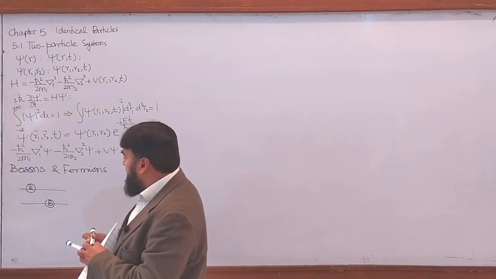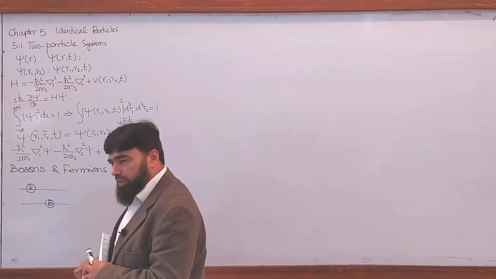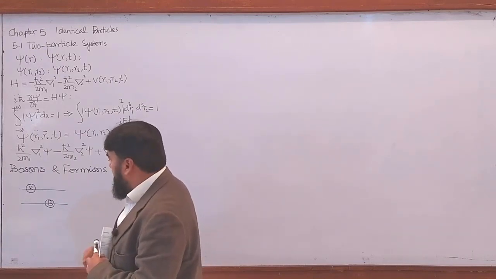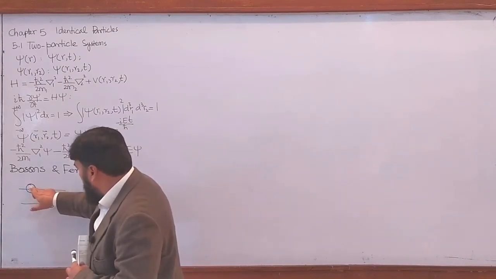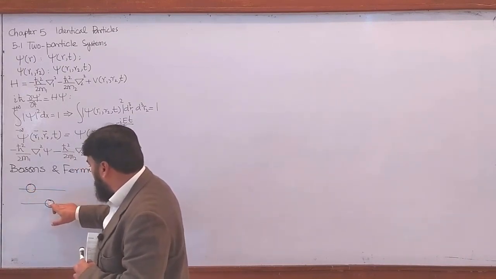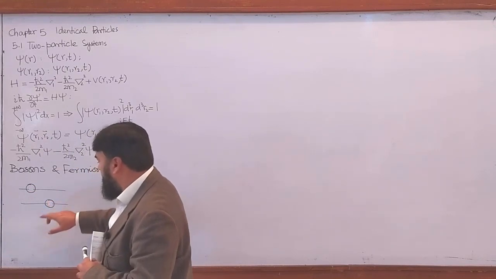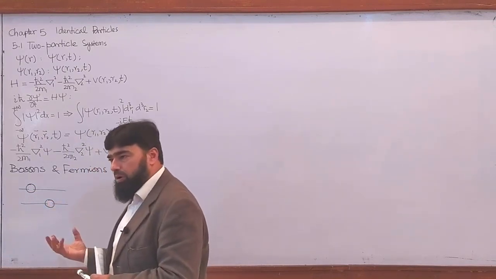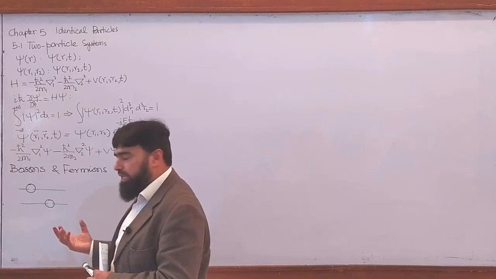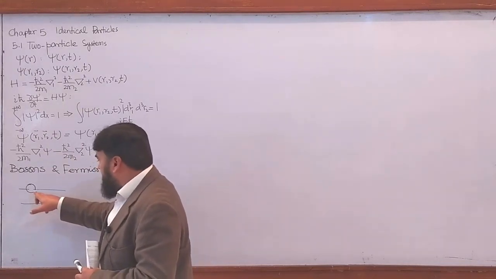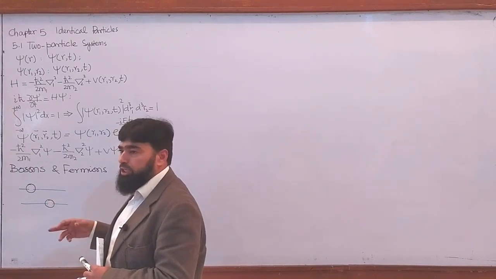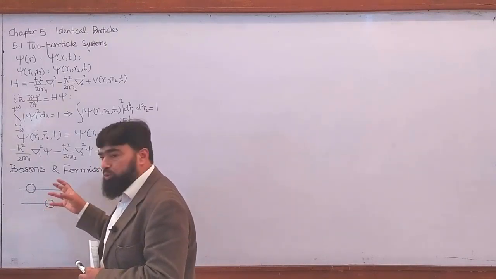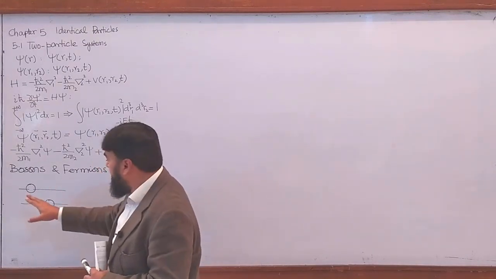But if the particles become identical, it means I cannot label them, they are the same particles. Let's say both are red balls, the same balls. Then the number of configurations will decrease. Configurations means how many ways you can put those particles.